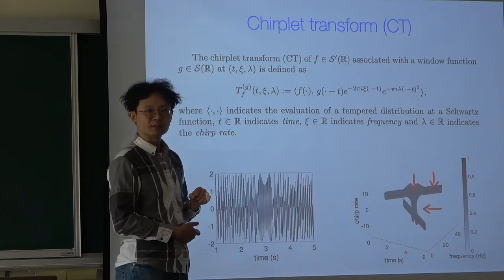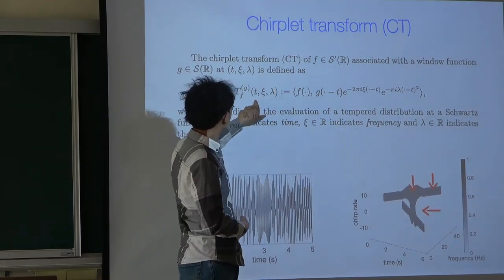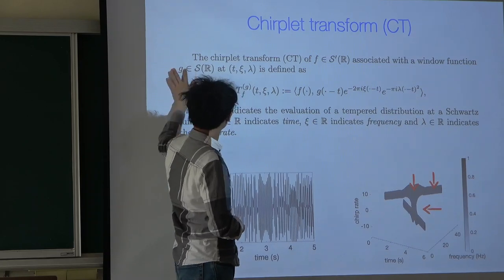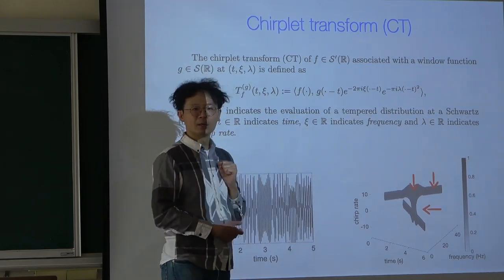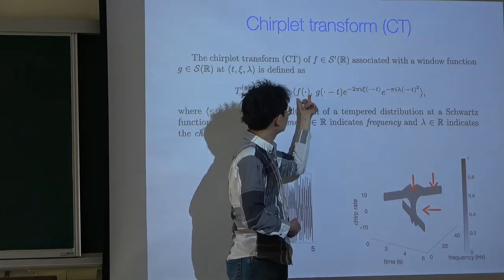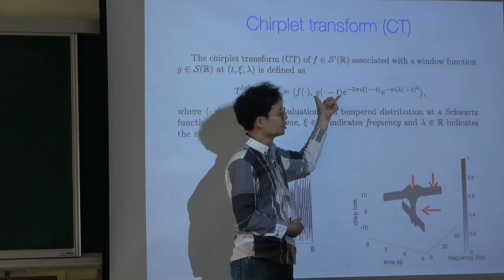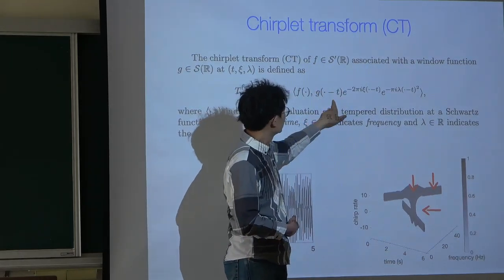So it is defined on a three-dimensional Euclidean space, and you use a window g, which is a Schwartz function. And what you do is you have a function f, and you do the integration against a Schwartz function. This g is a Schwartz function, okay?